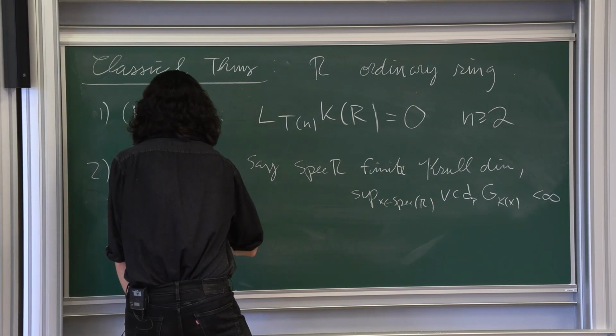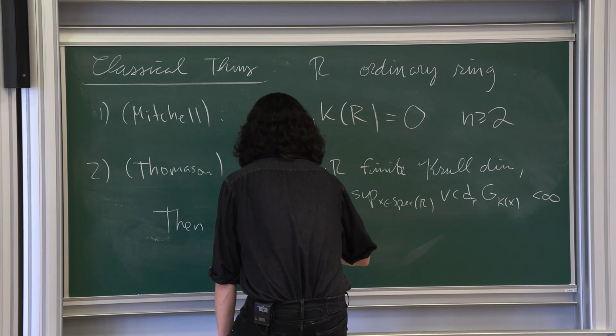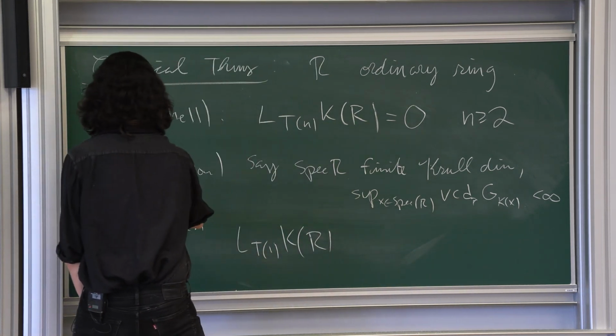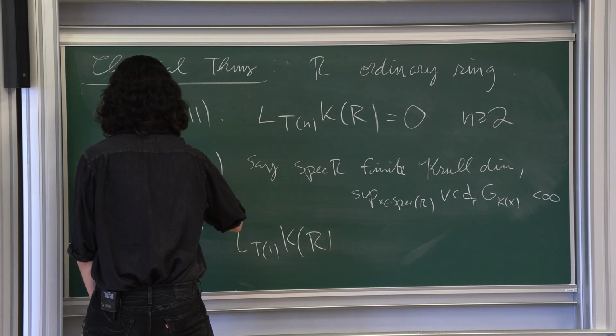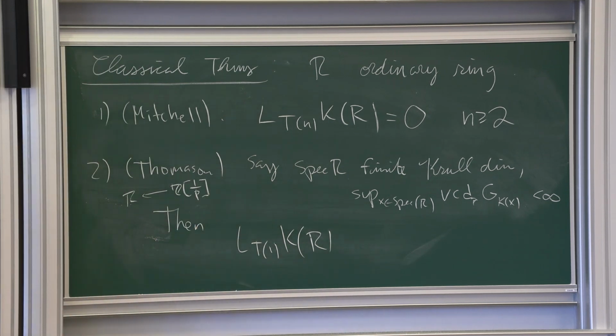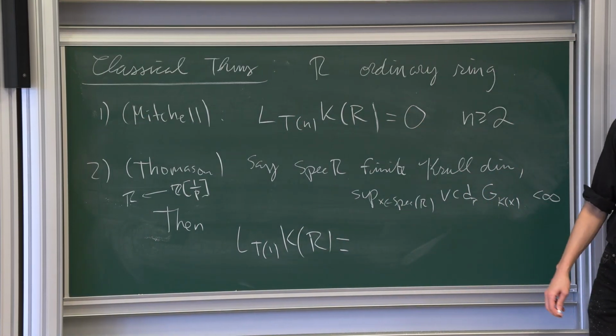Then you get a formula for this T1 localization. And let's say R is over Z[1/p]. Then you get a formula for this T1 localization. It's basically étale cohomology, this T1 local K-theory.